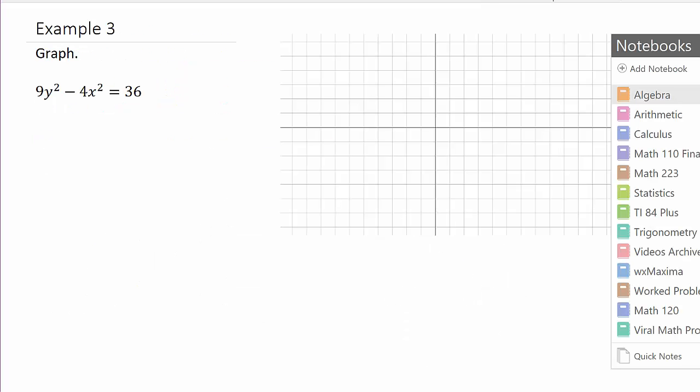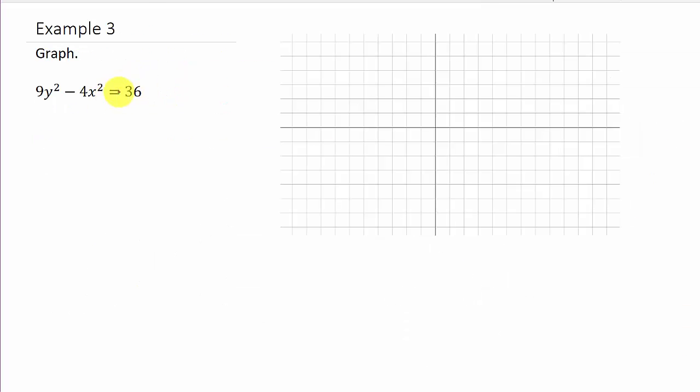So if we come back over here to the problem, notice we have this equals 36. So we've got to make this a 1. Well, how can we do that? If we divide everything by 36, that'll give us a 1 over here.